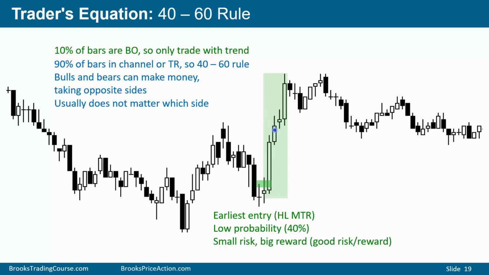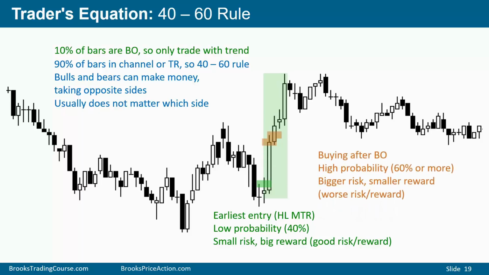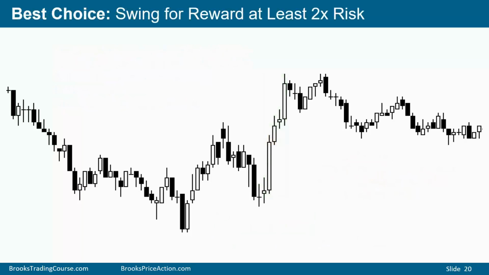So the risk reward is worse buying during the breakout phase, but the probability of making money is much higher. And that always is the case. Whenever you have a high probability trade, the risk reward is bad. Whenever you have a low probability trade, the risk reward is good. Both are acceptable, again, if you manage them correctly.